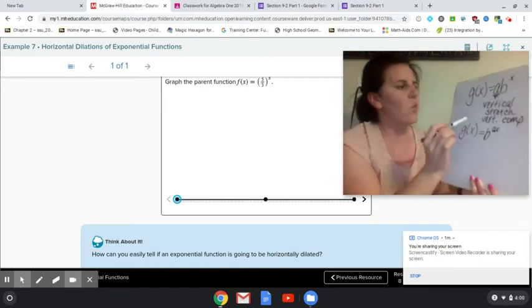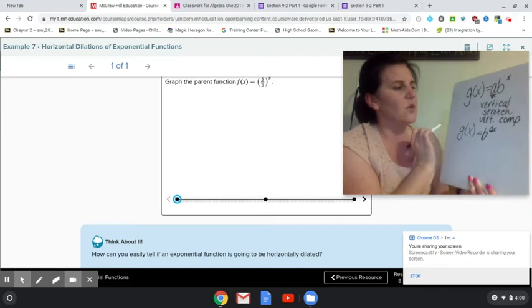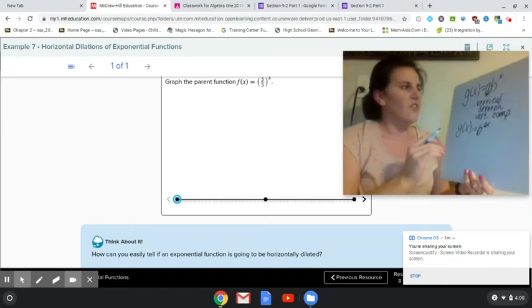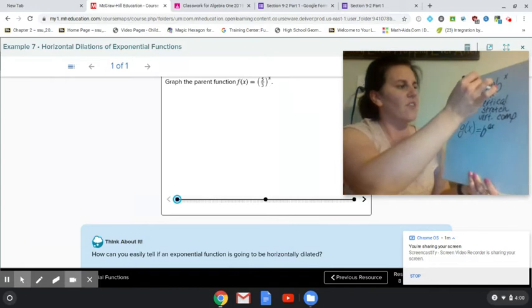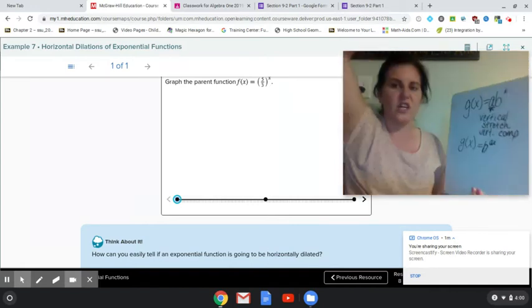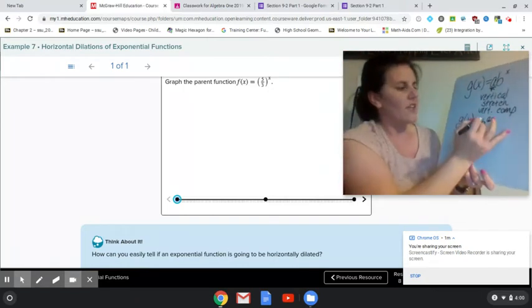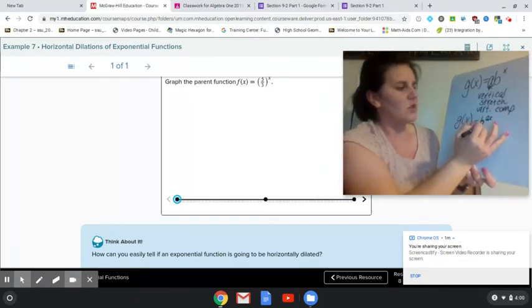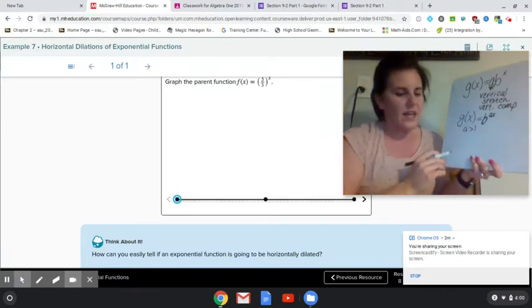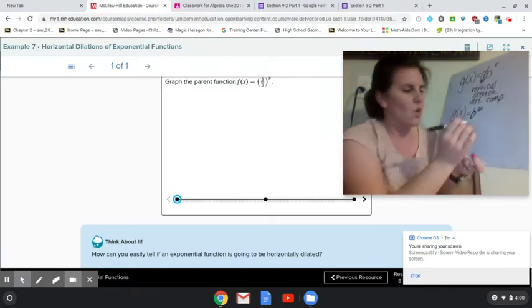So if a is 1/2, then that means it's going to be vertically compressed. It's going to get wider. If a is greater than 1, then it's going to get stretched vertically. It's going to get taller. And then if I have b raised to the ax and a is greater than 1, then it gets compressed horizontally.